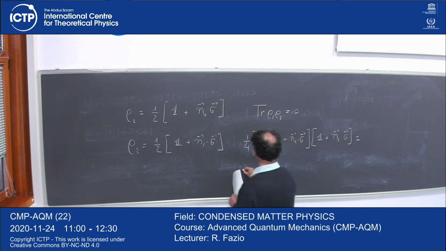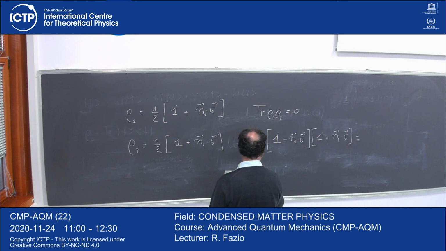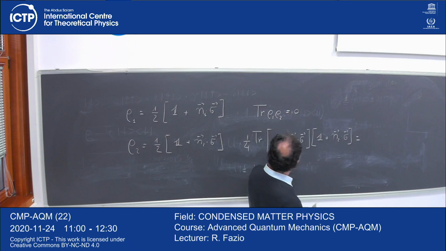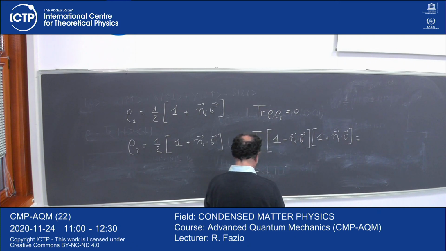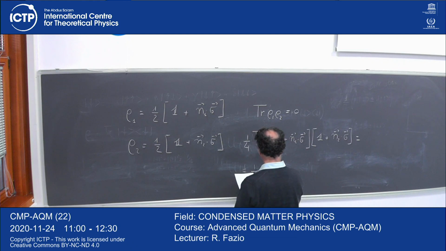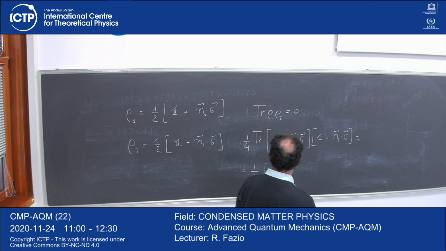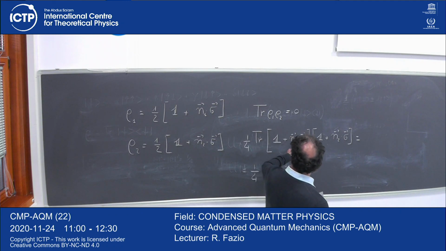This is equal to 1/4. Then I have the identity, which is 2, right? I'm just doing the trace. Then I have the terms which is this times the identity, and the cross product is 0 because the Pauli matrices are traceless.